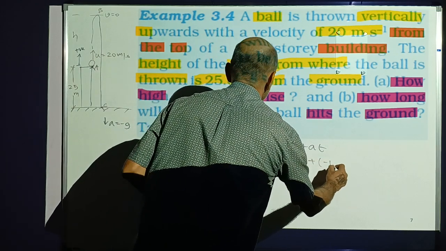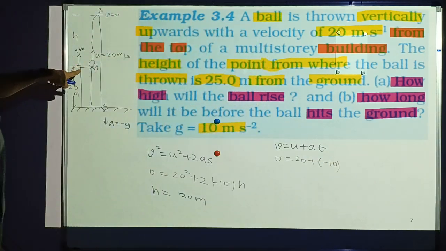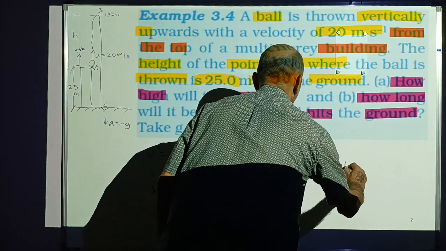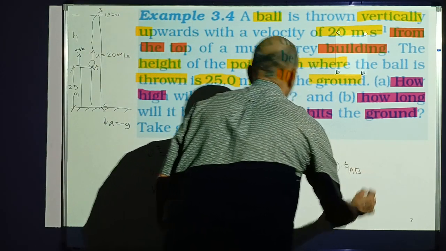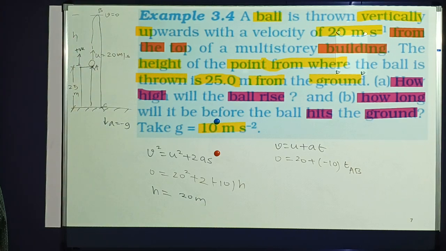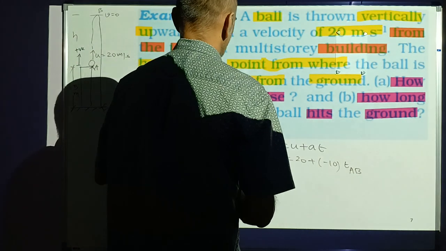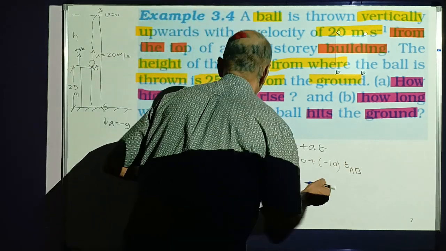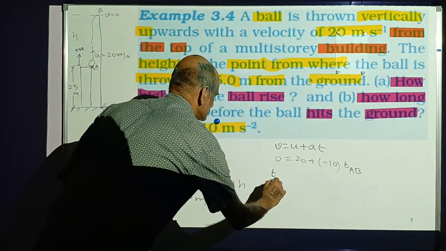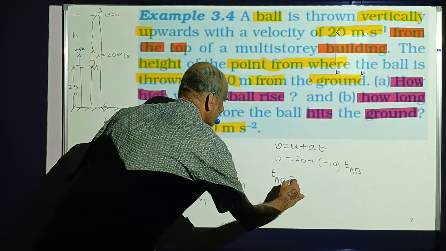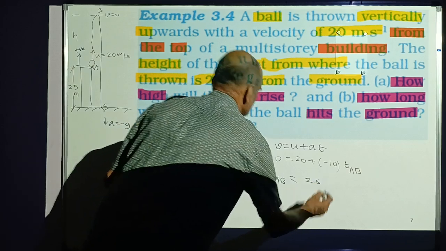The acceleration is minus g, because upward direction is positive, and t is the time to go from A to B. So I am applying this between the points A and B. So this will give the time to go from A to B as 2 seconds.